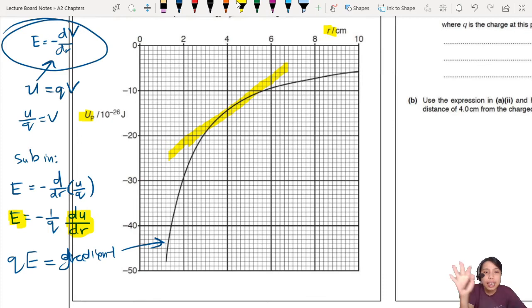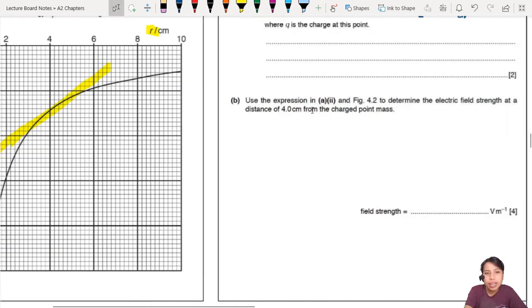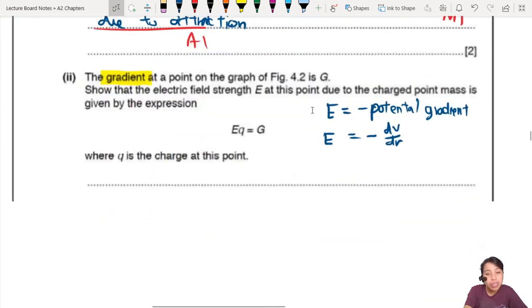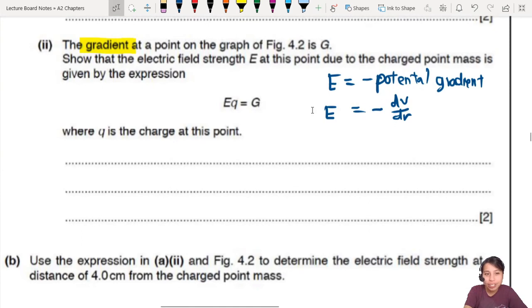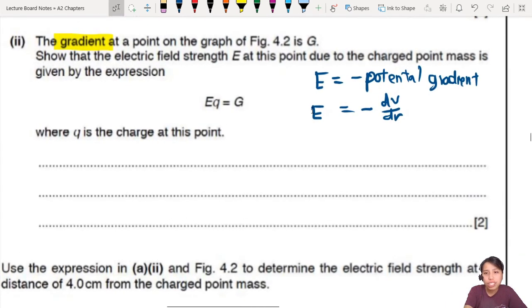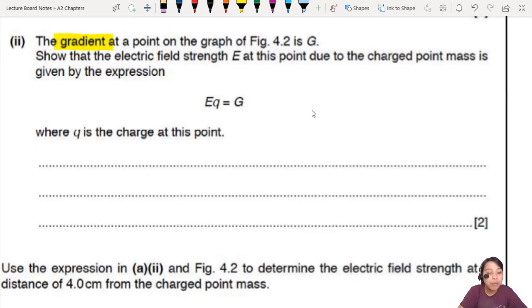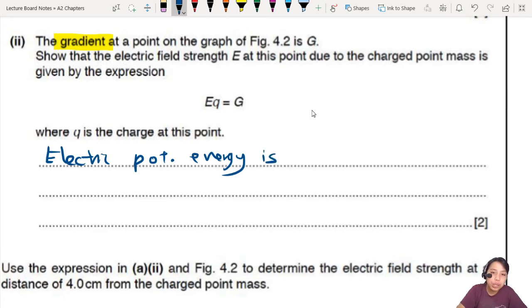But anyway, let's turn this whole working on the side into something we can write in the answer for 2 marks. Okay, so the problem is, we know E is potential gradient, but our graph is potential energy gradient. So the first thing I can write is, I know that the electric potential energy is the product of Q and V. I'm going to shortcut and just write this here.